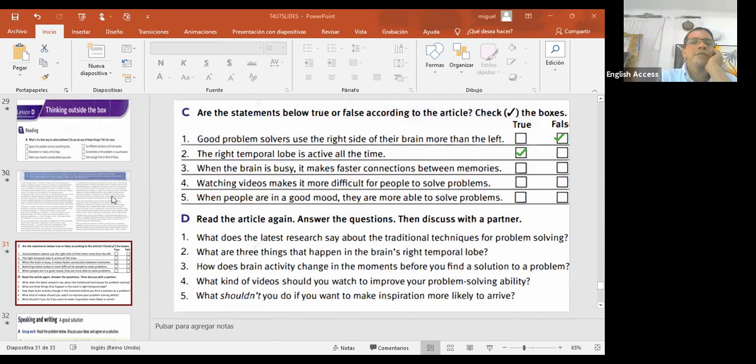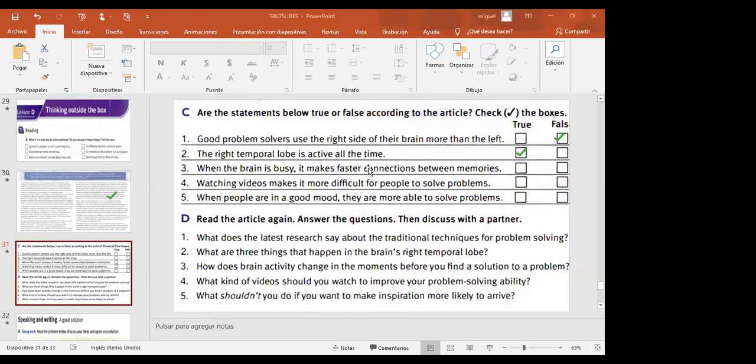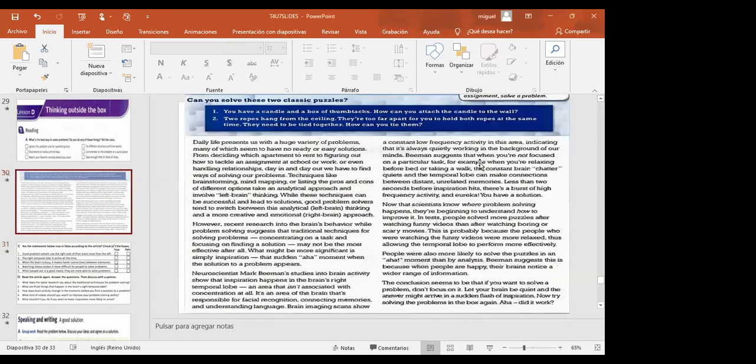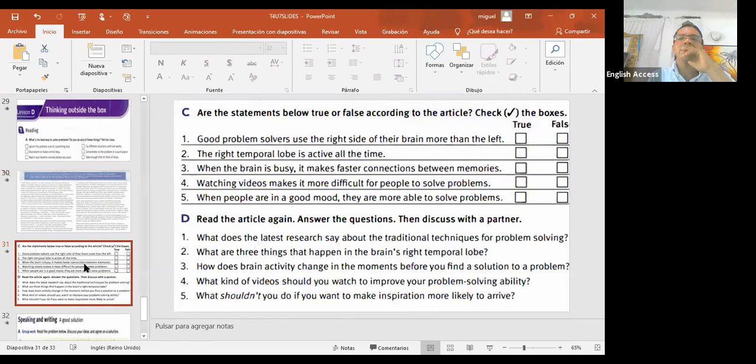True. Okay, remember the information is right here. It is not what you think, it's about the article. So check the question. When the brain is busy, it makes faster connections between memory. Faster connections between memory.